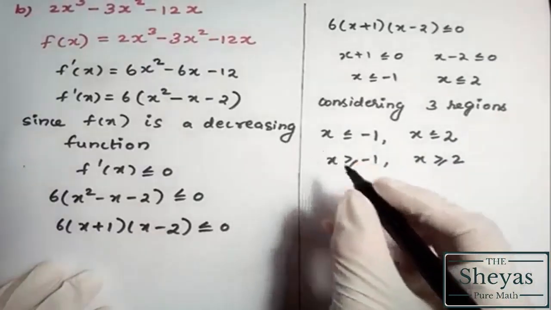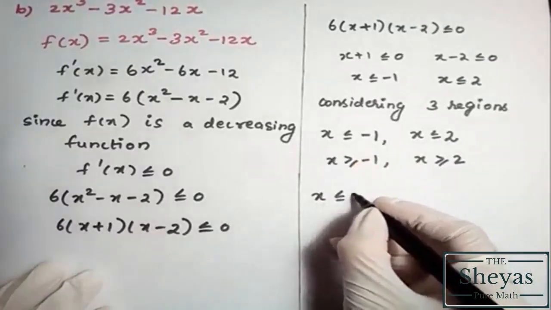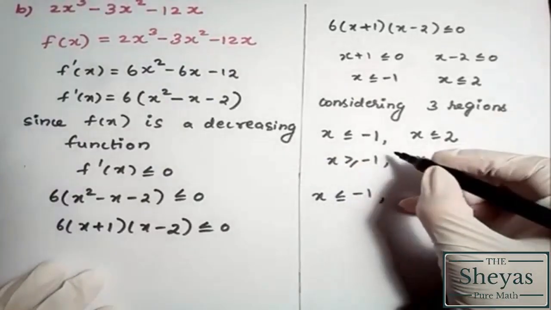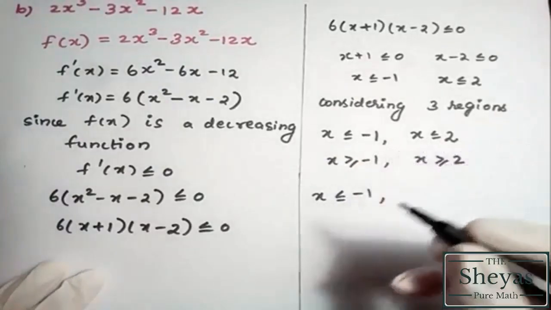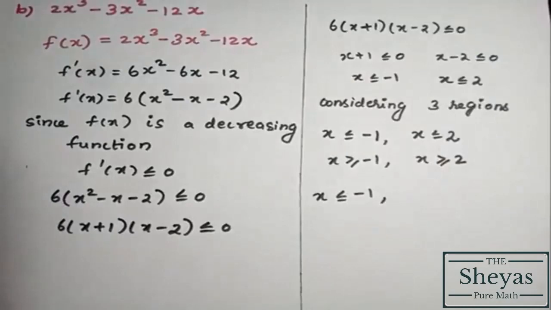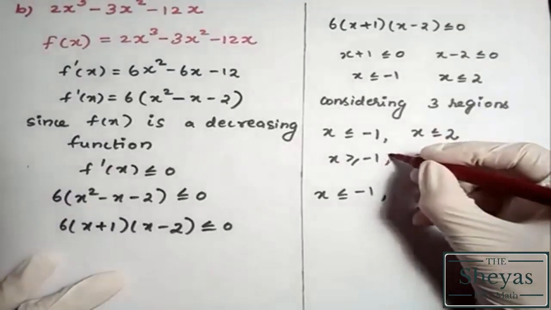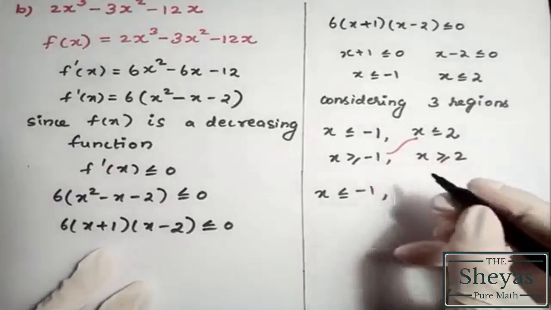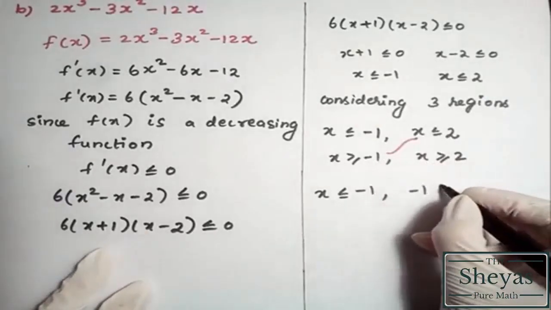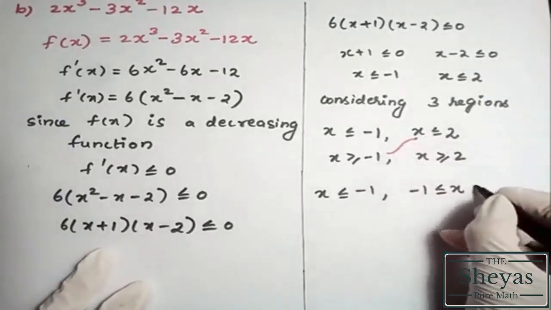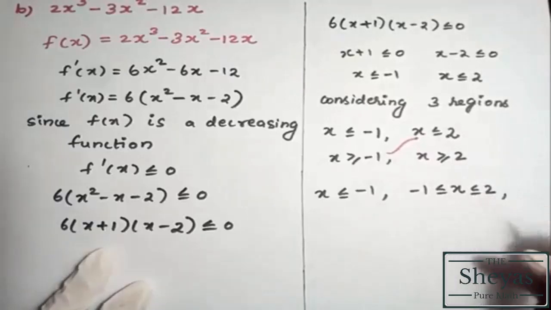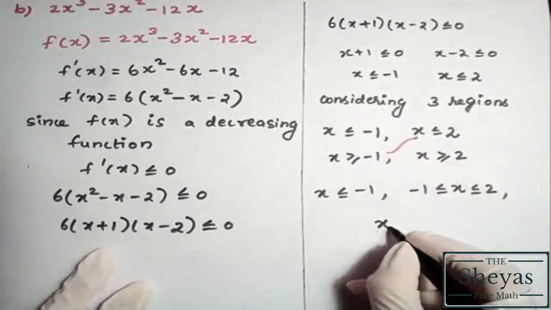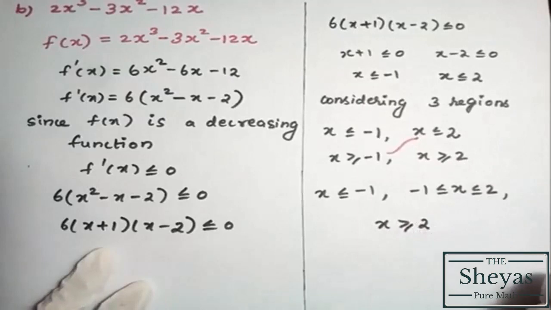Then here we can write x less than or equal to minus 1 as such, and we can link these two regions and write them together as minus 1 less than or equal to x less than or equal to 2. And the third region we can write as x greater than or equal to 2.